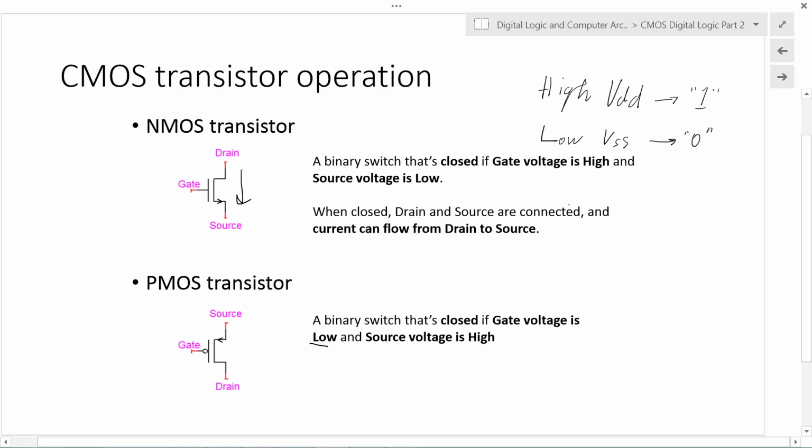So notice the difference here. NMOS has a high voltage at the input or gate here, and for the PMOS we expect a low voltage at the input or gate, and it assumes that the source voltage must be high, and current will flow from source to drain in this case.